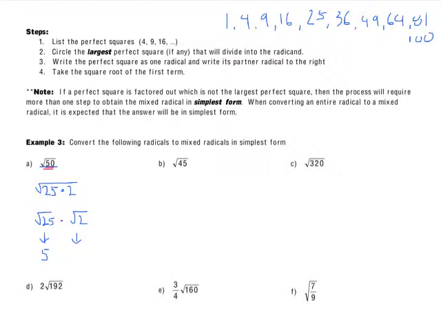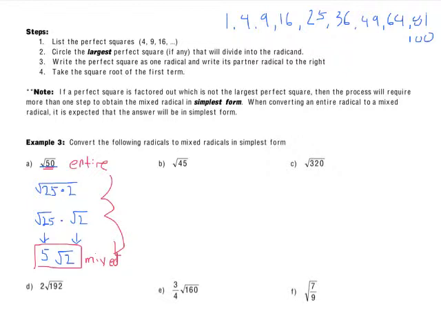So the square root of 2 is just going to be the square root of 2. Nothing changes here. So that is your final answer, and this is a mixed radical, and up here is the entire radical. So those are the steps of going from an entire radical to a mixed radical. Let's do a few more here so everybody gets the hang of this.